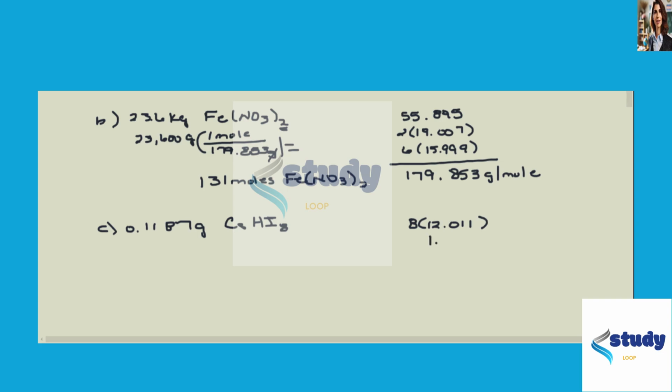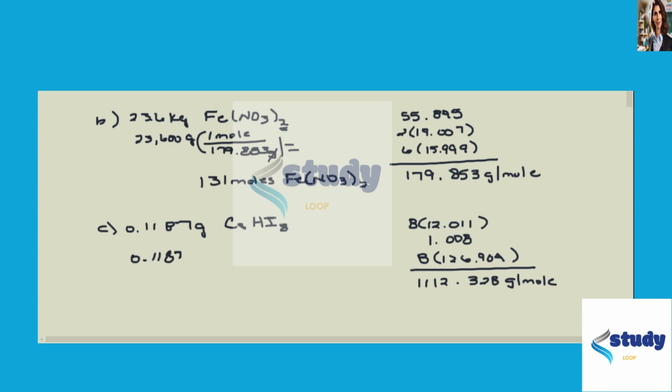Hydrogen is 1.008, and then 8 times the iodine, which is 126. I believe that was the compound; it was hard to read the writing. Add all of those together and we get 1,312.328 grams per mole.